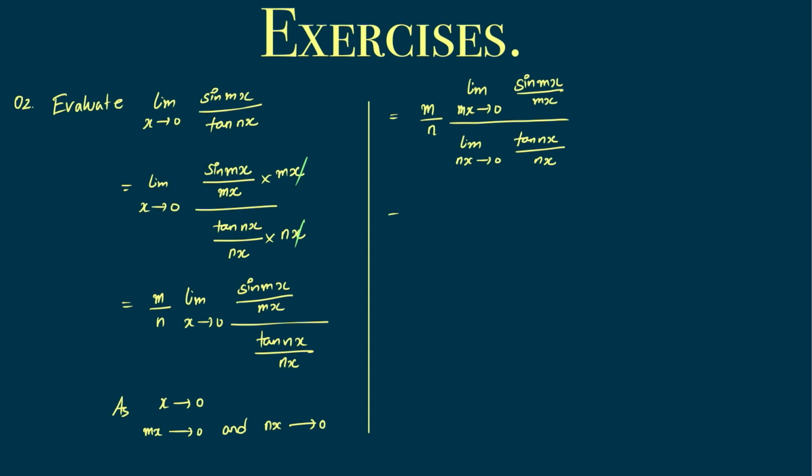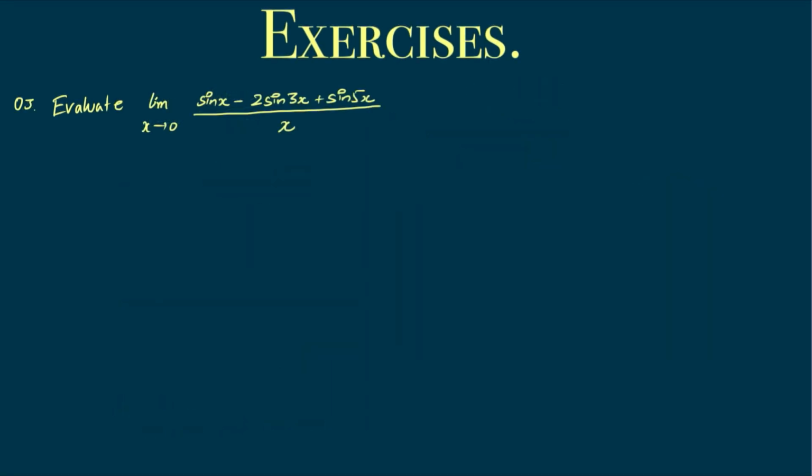Okay, so after doing this, if you know the formula, then we have these two formulas. If I use this formula here, then I can write 1 by 1, so my final answer will be m by n.